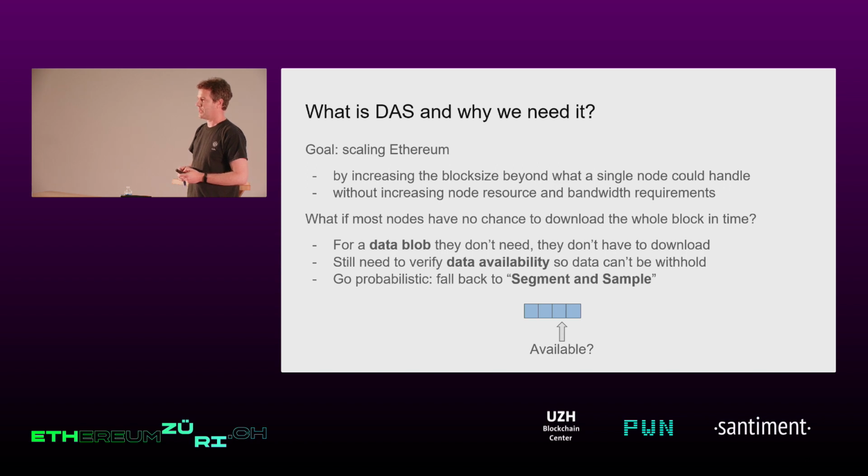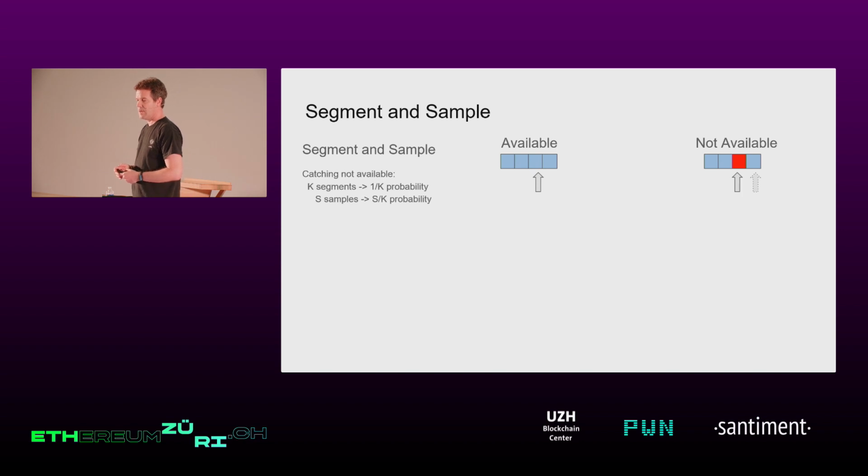So we arrive at sampling, and as I said, we have a statistical test. The block is segmented, and there's a sampling process going on, picking a piece, or maybe more pieces, of the many pieces, and based on that, deciding whether we believe the data is available or not. So the first thing we do is segment and sample.